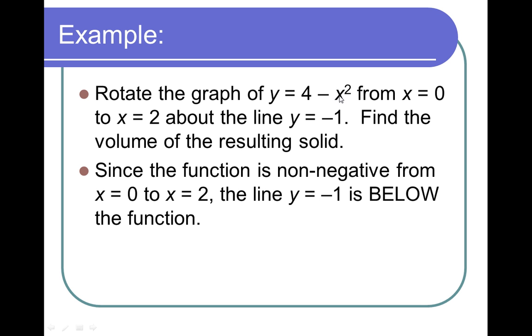If I plug in any x from 0 to 2, I'm going to get a positive answer, a positive y, which means that it's going to be above y equals -1, meaning that the line y equals -1 is going to be below the entire function. So I'm going to use the f of x minus k version of finding the volume. And again, I really don't think it matters because once you square it, they will both look the same.